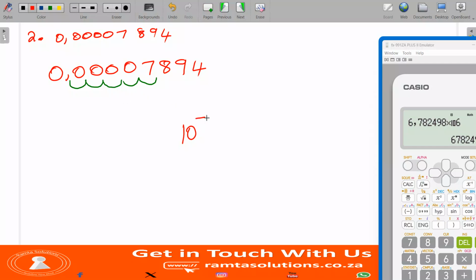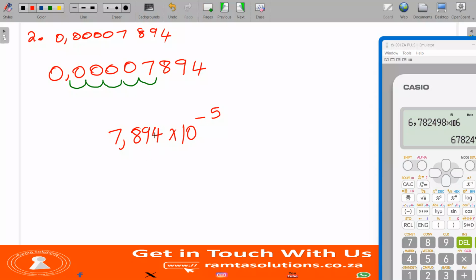So it will be negative power. So 5 places. Okay. So what is this? This is 7,894. Right. This is 7,894 times 10 to the negative 5.